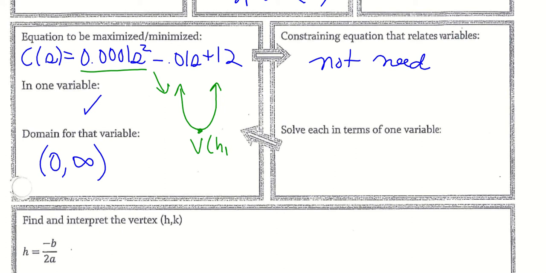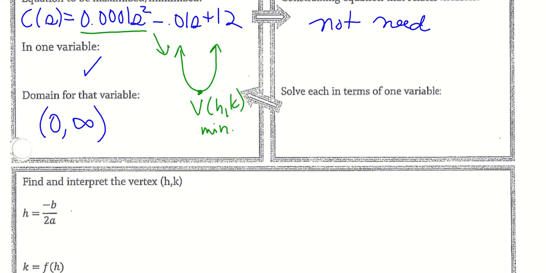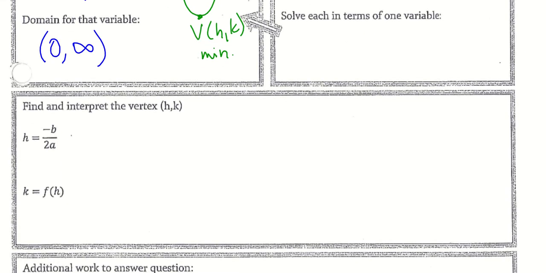So the vertex, which we call HK, is going to give us a minimum cost for a specific speed. So here we go. We can find the vertex. We have a formula for that. In this case, that would be the opposite of our B, which is negative 0.01, divided by 2 times our A, which is 0.0001.